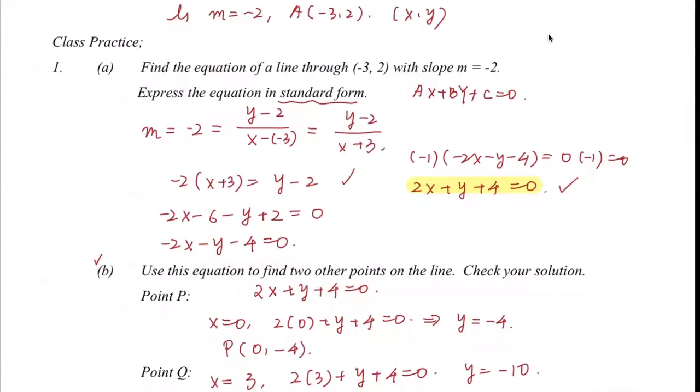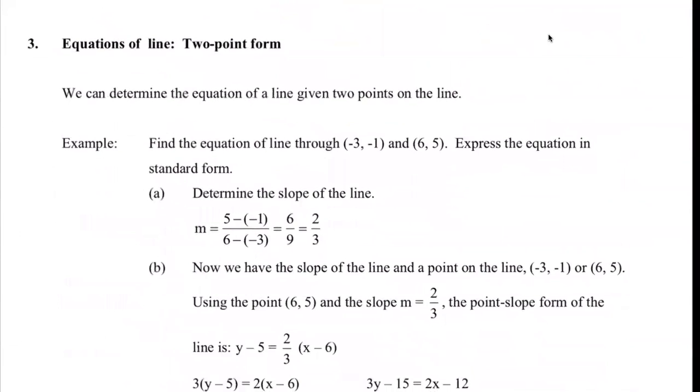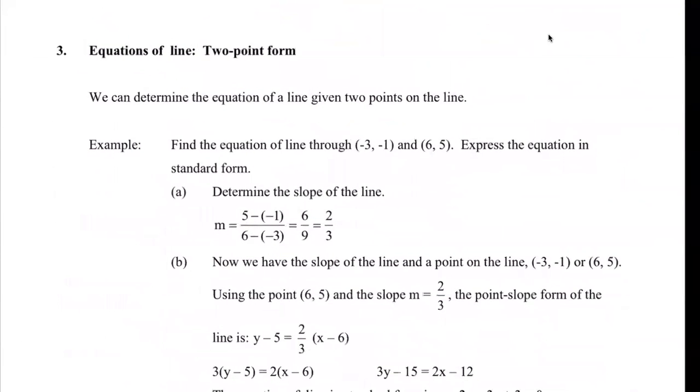Okay, now let's move on to the last page. Equations of line 2.4. We can determine the equation of a line given 2 points on the line. This is pretty much the same thing as point slope form. There's just one more step.